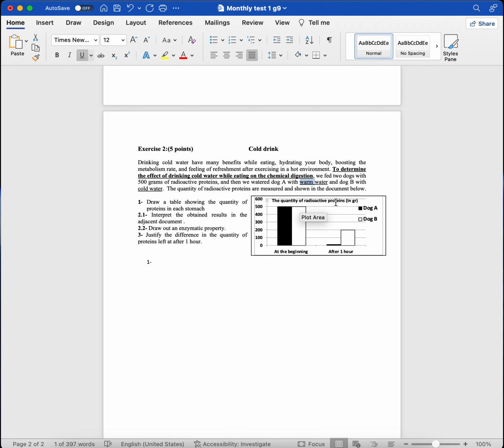أكيد اتنيناتهم were fed with 500 grams of radioactive proteins.